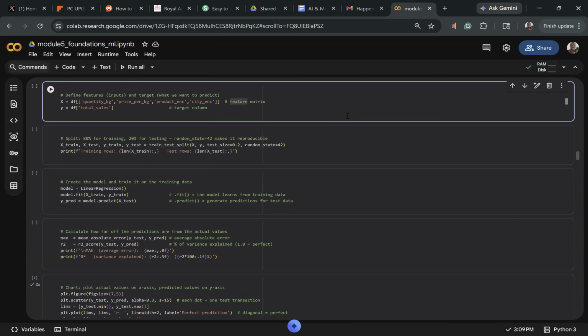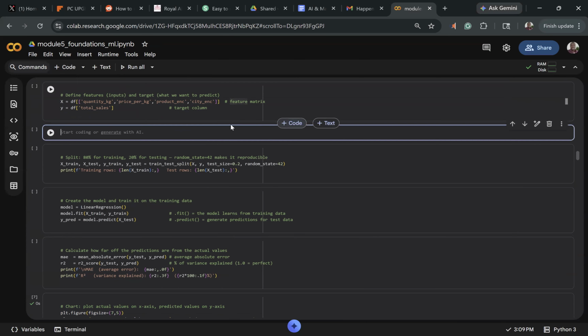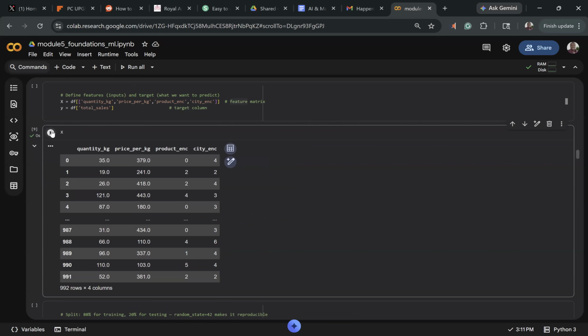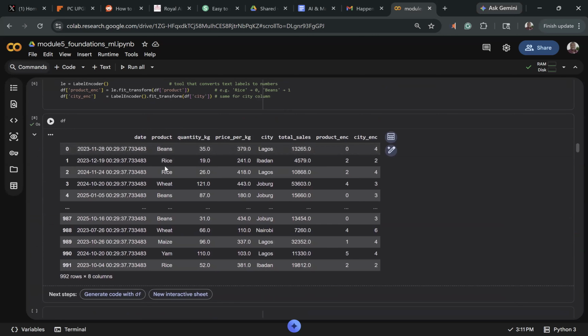So if we say X, run this cell and say X, we should have it here. So we have quantity, price, product, city. Remember, we removed the categorical values, right?